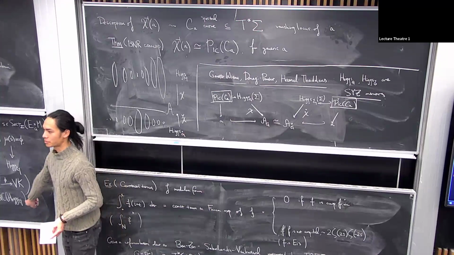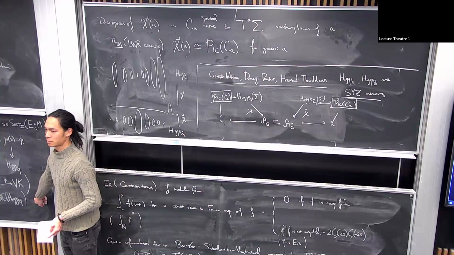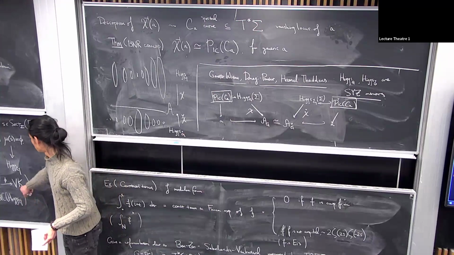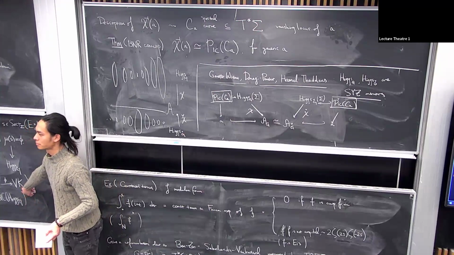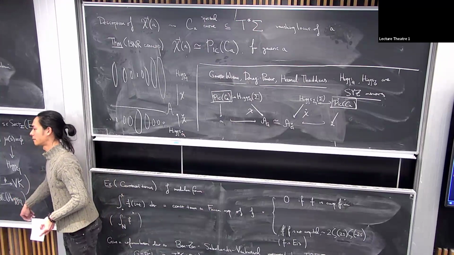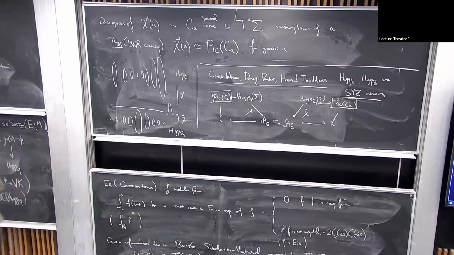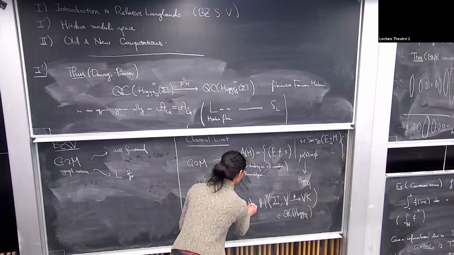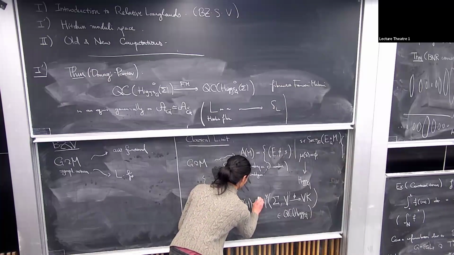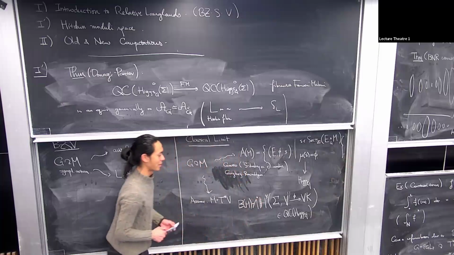Any questions about this definition? V times K. What is K? K is the canonical bundle. Sorry, I forgot one ingredient: to make the definition correct, you have to take the exterior algebra on that.